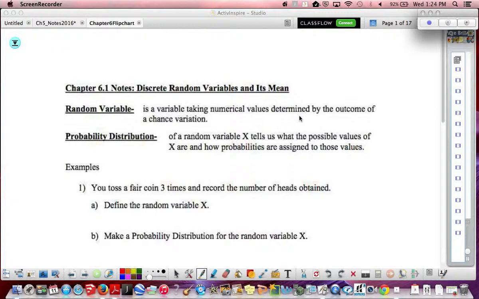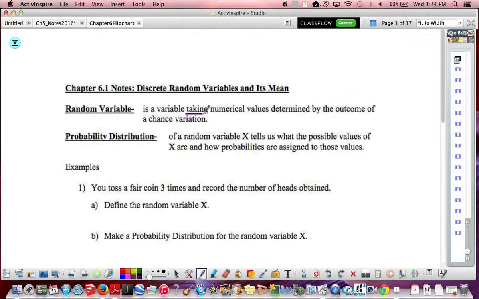We're going to show you how to do all sorts of different calculations with them: combining random variables, adding them together, subtracting them, and taking a look at certain calculations from them, including mean and standard deviations.